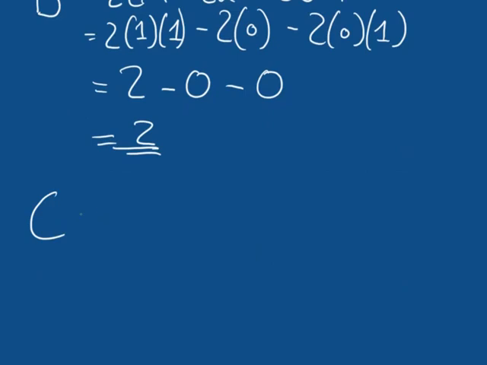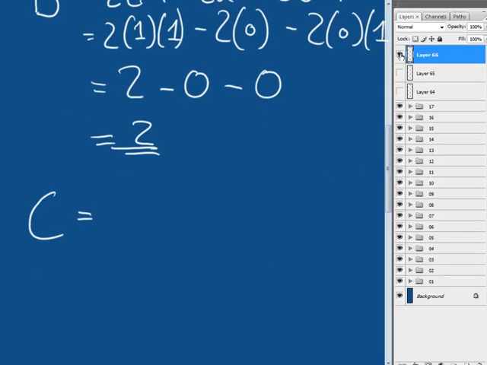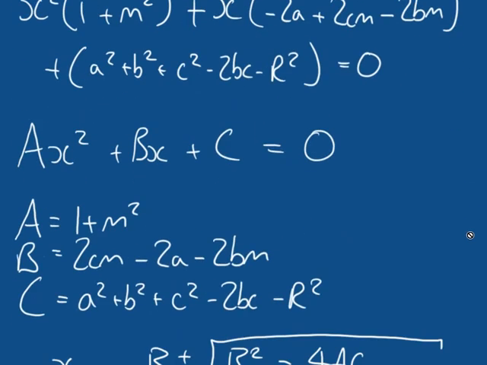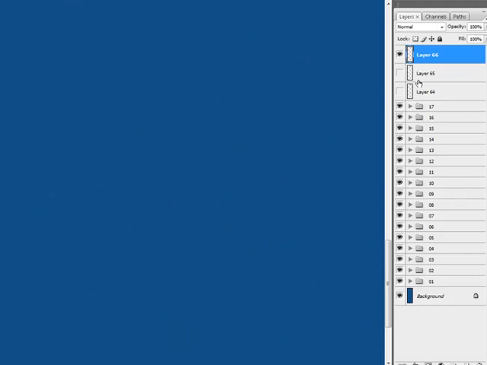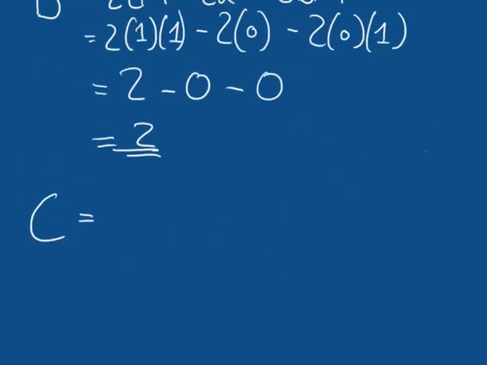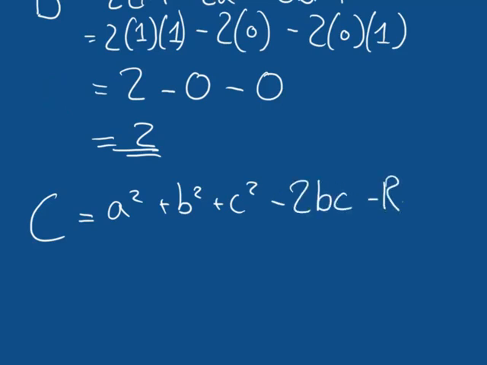And then finally we need to calculate c. If we jump back and take a look at what c looked like, we saw c is equal to a squared plus b squared plus c squared minus 2bc minus r squared.